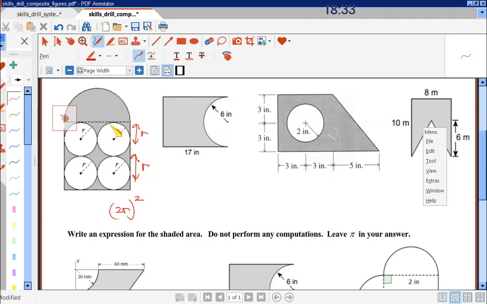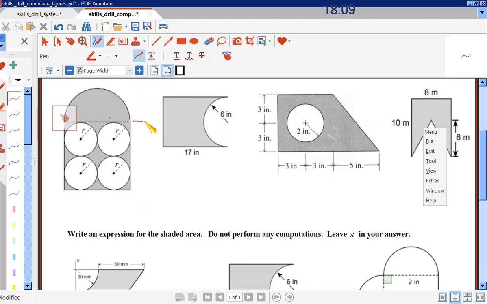Then what would the area of this half circle up here be? Actually, I'm sorry, correction, I'm wrong. You're actually going to get 4R.